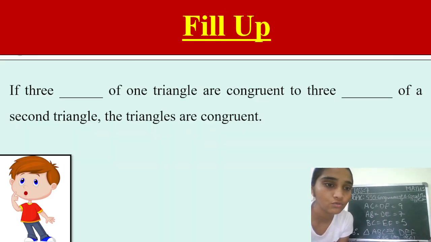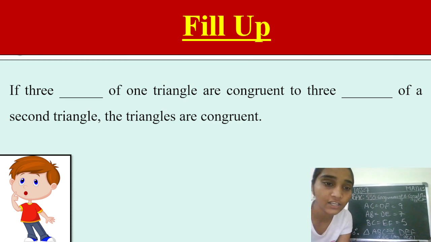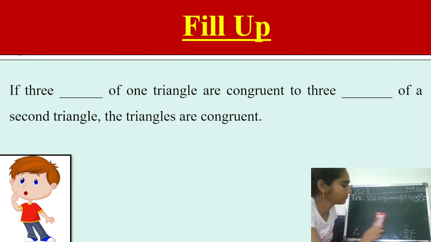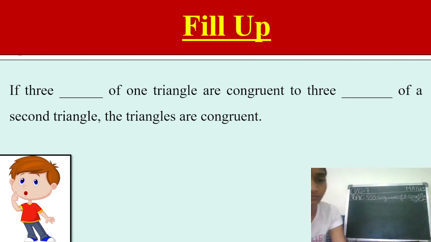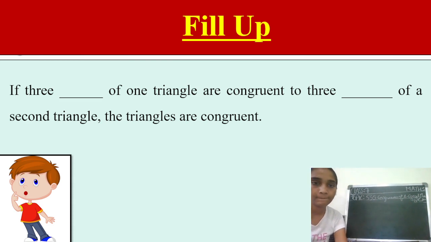Now it's time for you, students, to fill in this blank: if 3 dash of one triangle are congruent to 3 dash of a second triangle, the triangles are congruent. You can write your answers in the comment section, students.